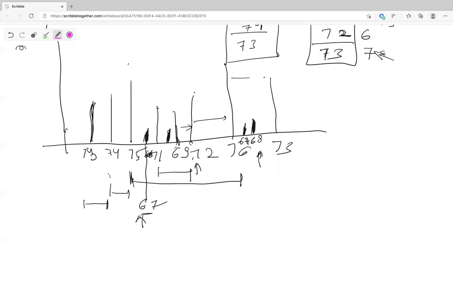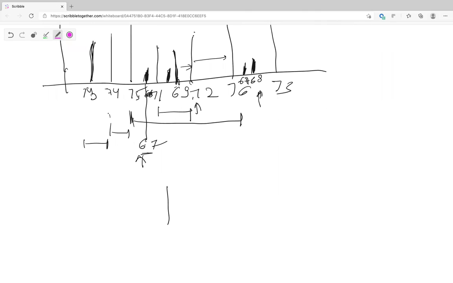Now, to whom will this 69 be useful? Let's say I have 69 over here, this is 72 and this is 71.